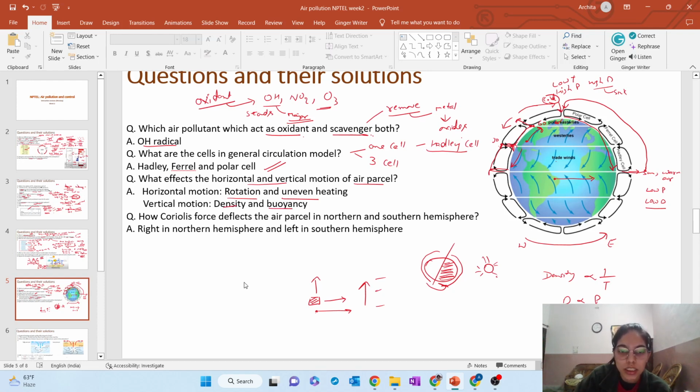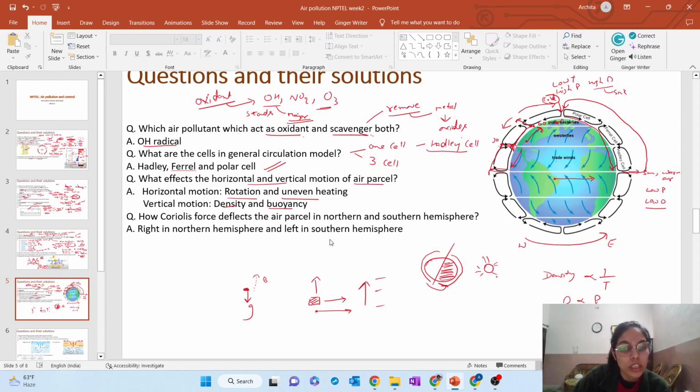Buoyancy is, let's say, a force which acts on a particle opposite to gravity. So gravity acts this way, and the force opposite to gravity helps the particle move upward. That is its buoyancy.